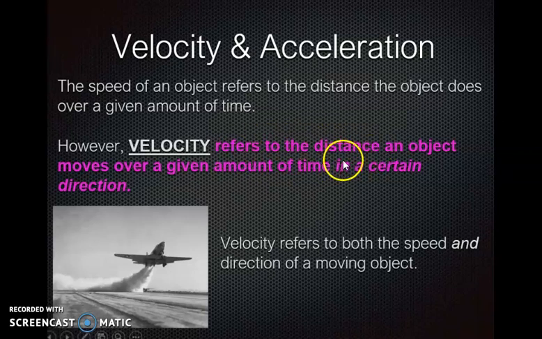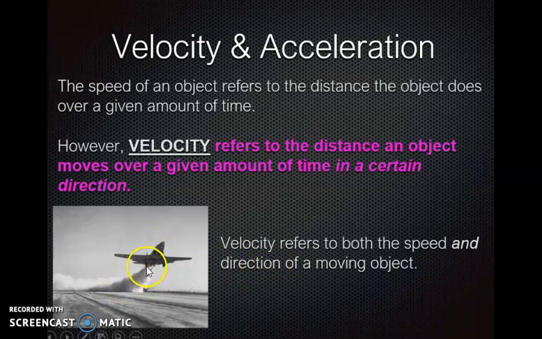But now we're adding in a certain direction. So the examples that I gave you at the beginning of this video, I was running in a straight line. I was jumping up and down. I was riding a bike. Velocity refers to not only speed, but also the direction of the moving object.